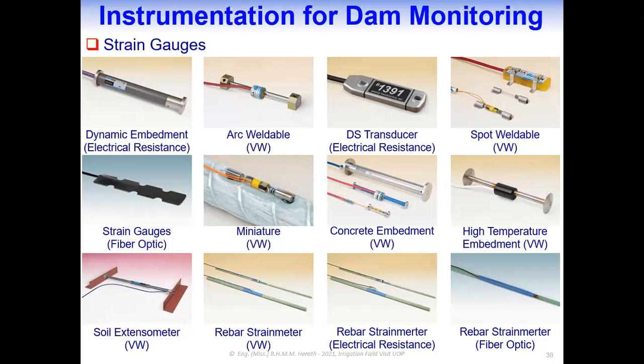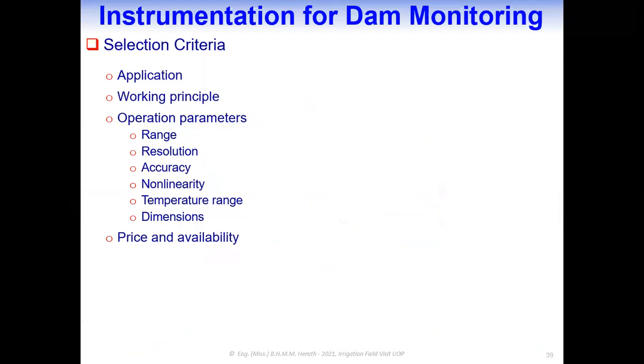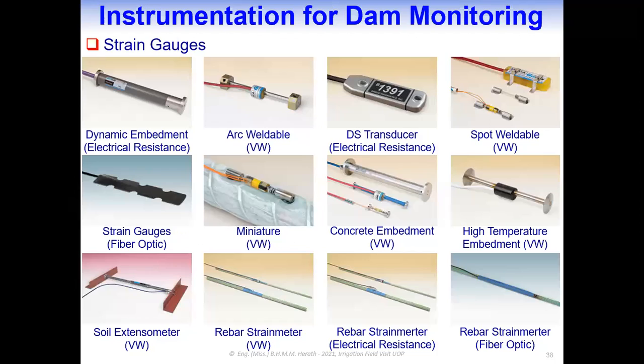And also here we should consider the application. So here you can see something like this arc weldable one and spot weldable one. They are also used with the steel gauges, and soil extensometer vibrating strain gauges are used for soil structures like dams and so on.